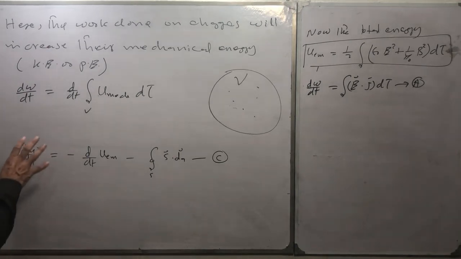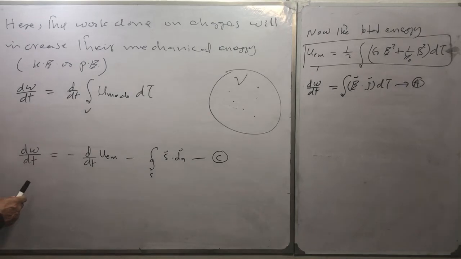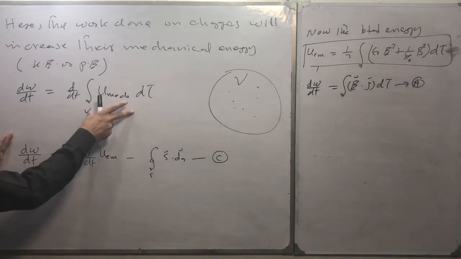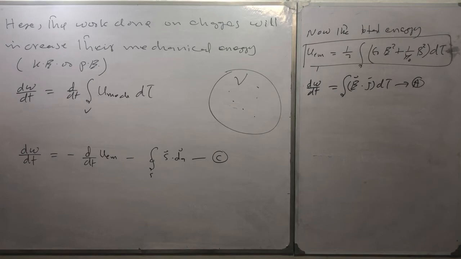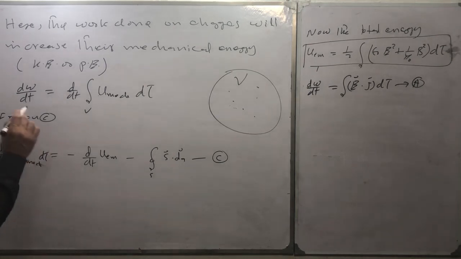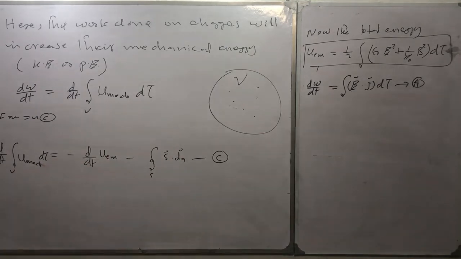Then from equation C, the left hand side will be equal to this, d divided by dt of the integral of the mechanical energy d tau.